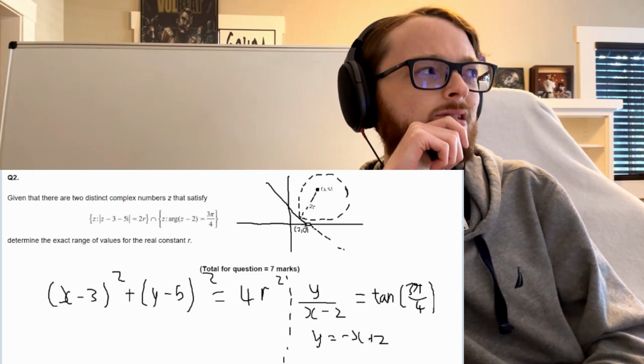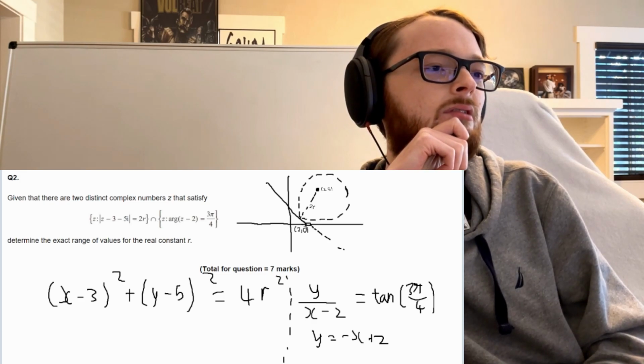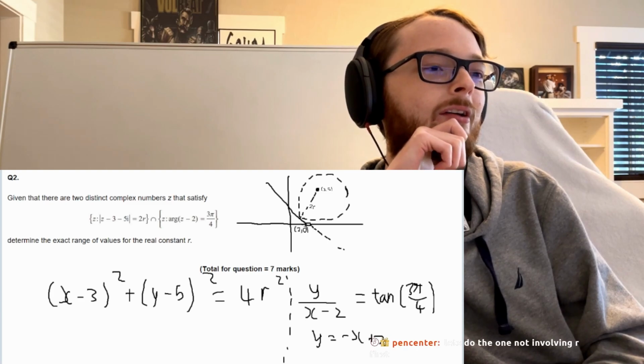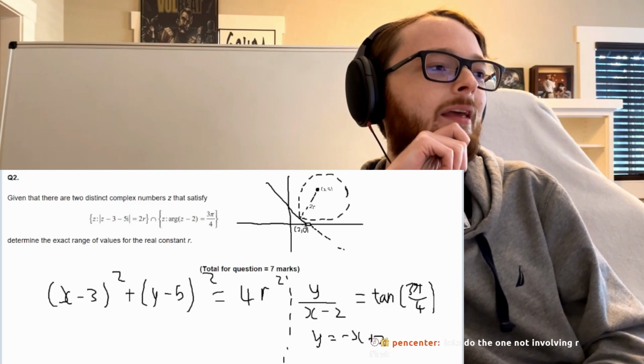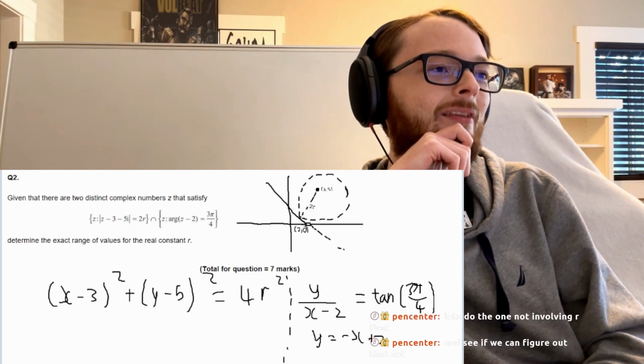Do we do the one not involving R first? Okay. So I'm thinking the R is kind of a problem, right? See if we can figure out the set over there.